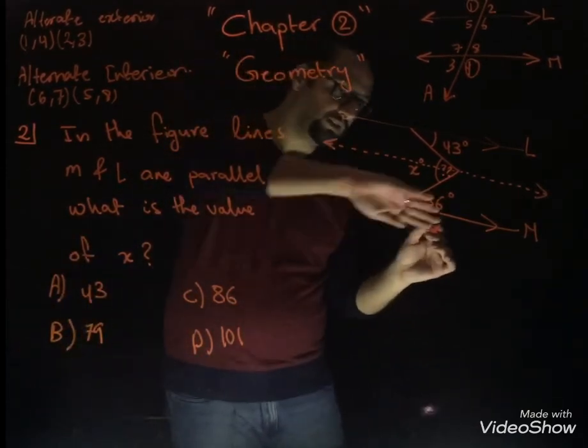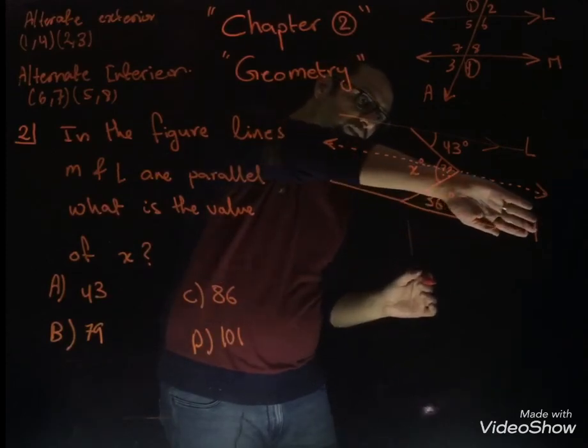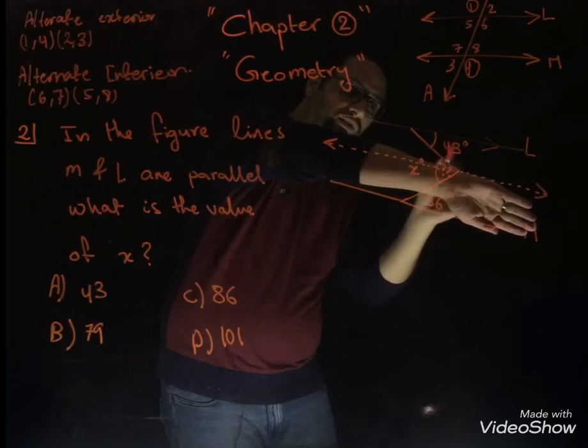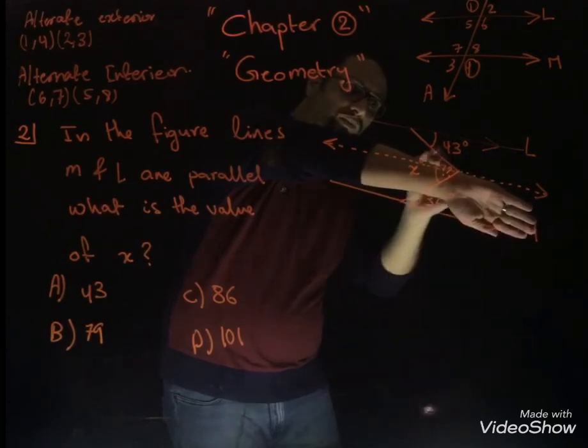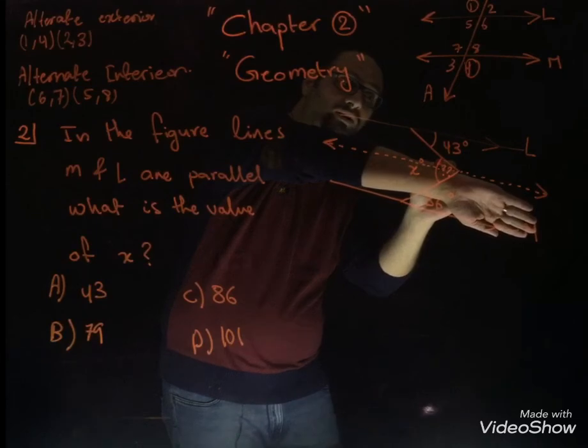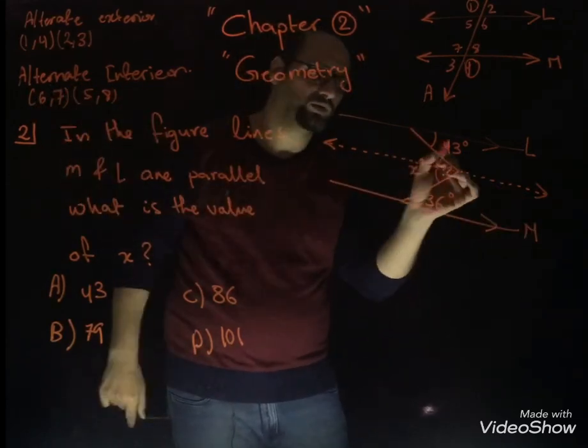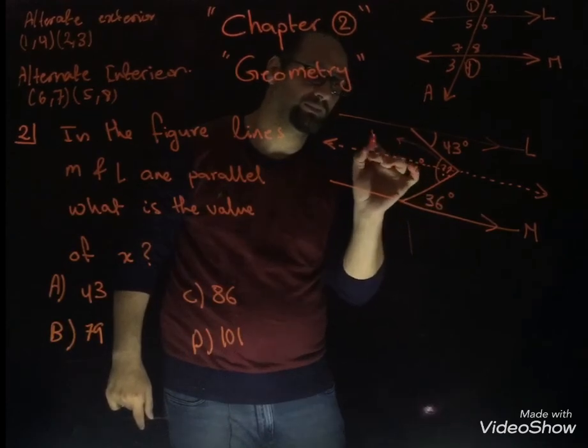If you hide this part and take a look at the upper part, if this angle is 43, this angle is 43. Why? Because they are alternate interior. 43 and this 43.